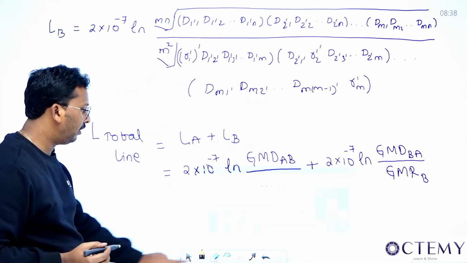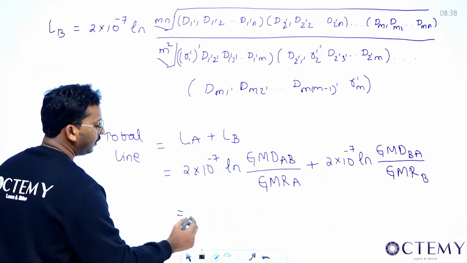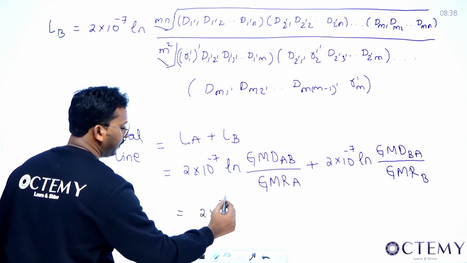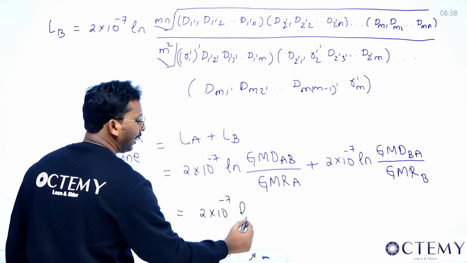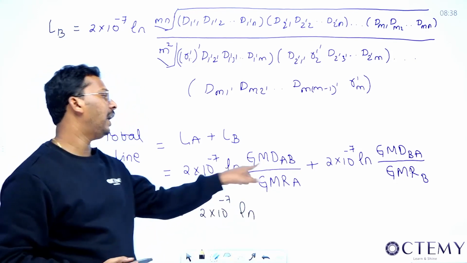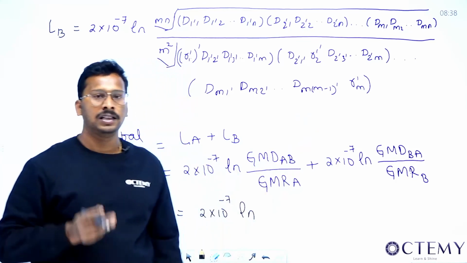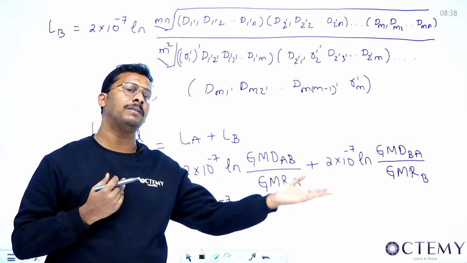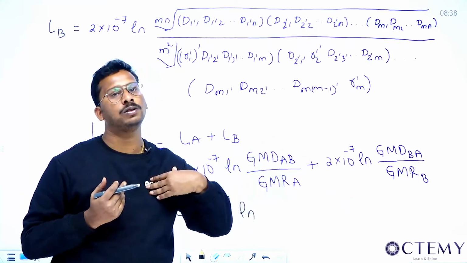The final formula will be, if you take 2 into 10 power of minus 7 common, it will become ln of GMD AB, GMD BA is same, sir. The mutual distance between me and you is say 2 meters, then the mutual distance between you and me will also be 2 meters.